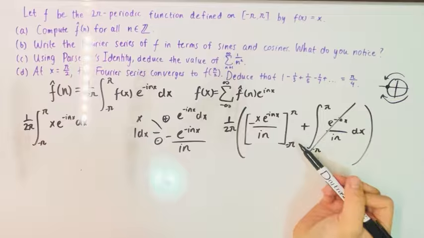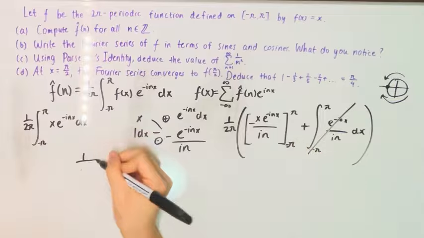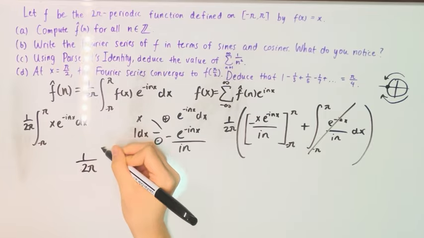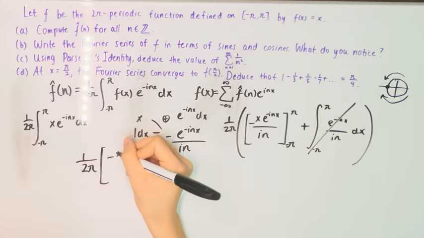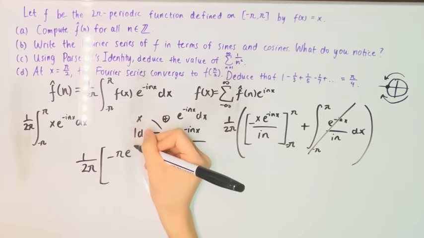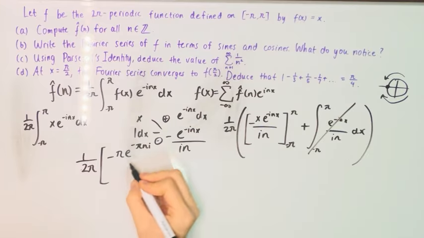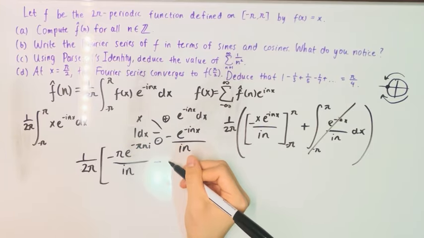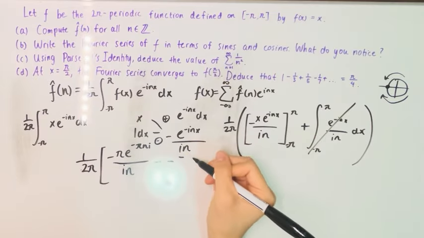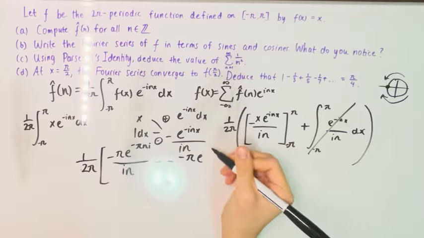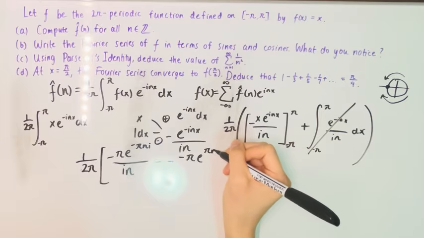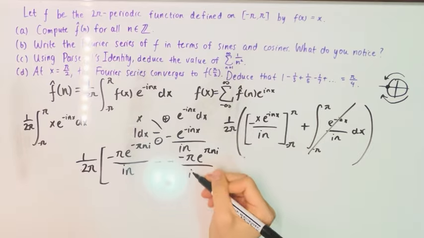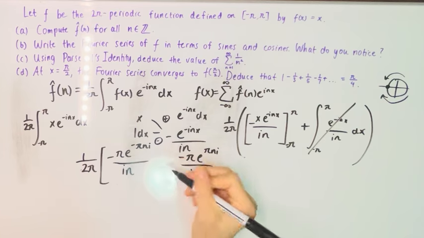Okay, and then for this term, just be careful with the negative signs. We have negative pi e to the negative pi n i over i n, minus negative pi e to the pi n i over i n. Notice that this will just become a positive.